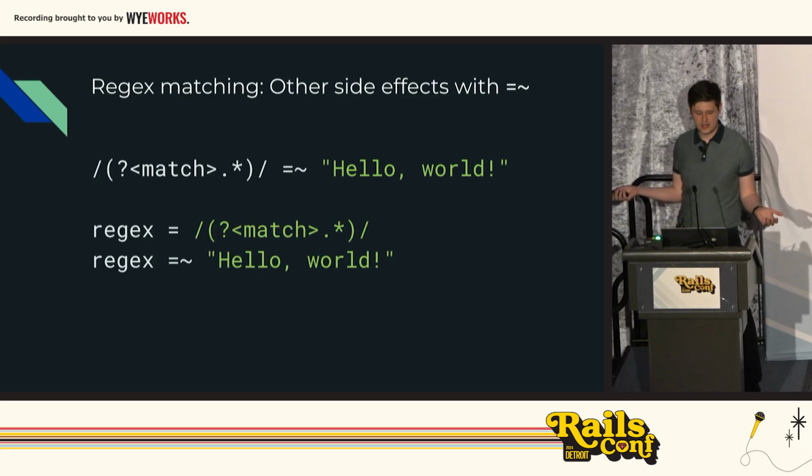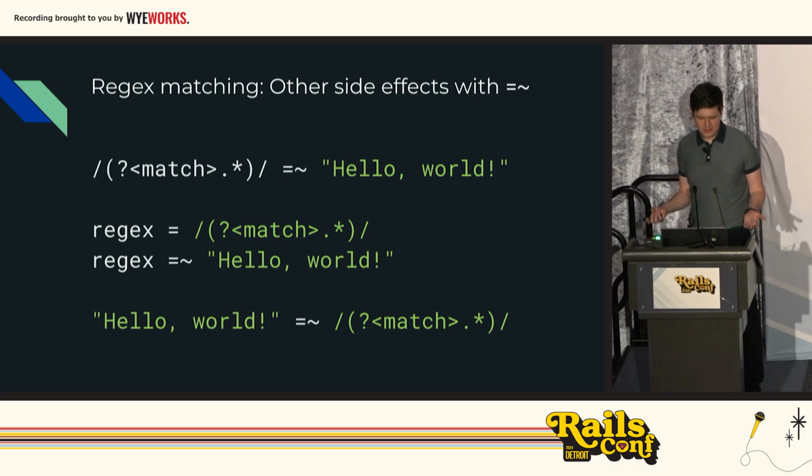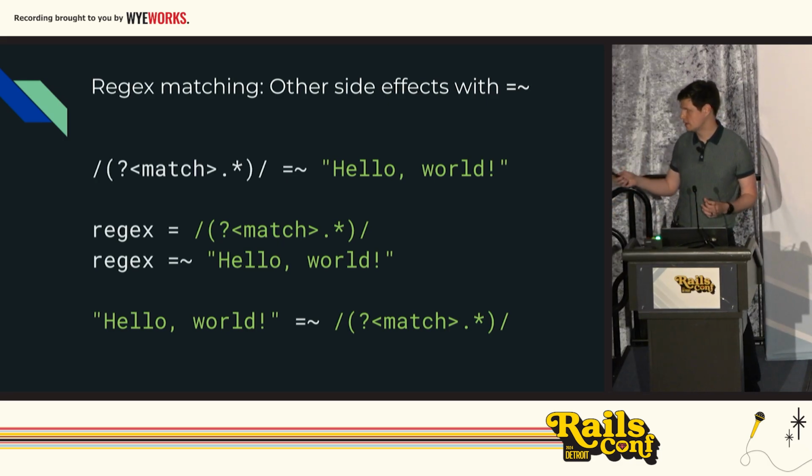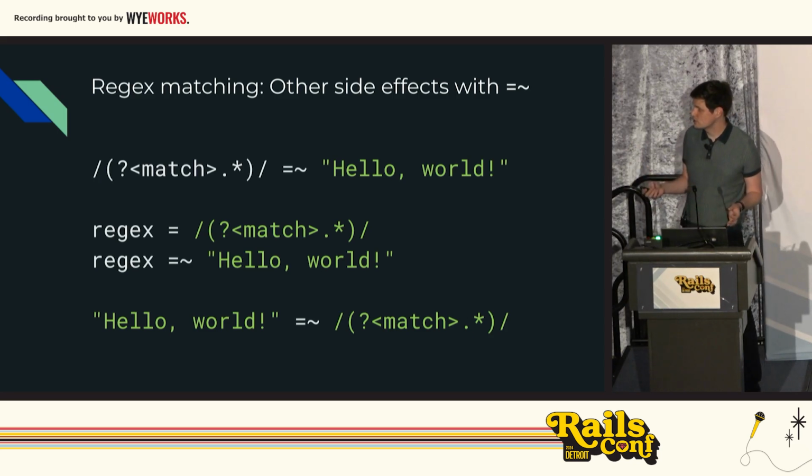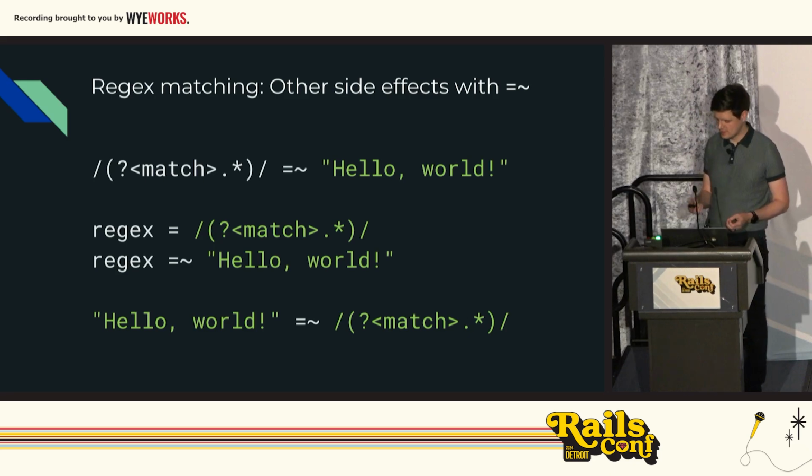Very similar line of code. The only difference is that we're setting the regular expression to a variable first, and then we're doing the match. Or the same thing as the first one, but we've swapped the order. So it's the string, then the regular expression. And these will do the same match, but they will not all have the same side effects.